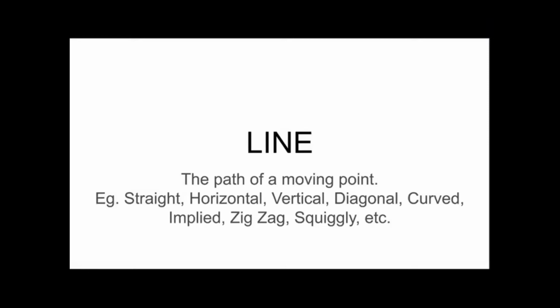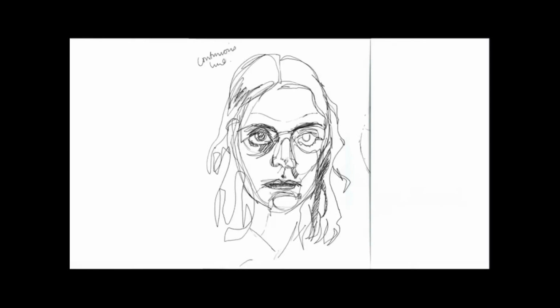Implied lines are like dotted lines, zigzag, squiggly, etc. And I'm just going to show you the examples that we looked at yesterday of the contour line drawings. Contour line drawings are perfect examples of lines in artwork.